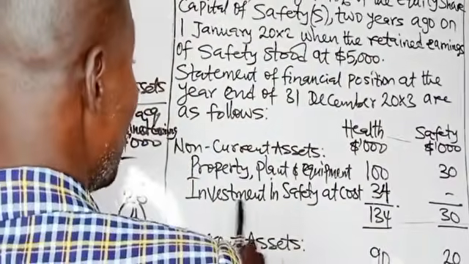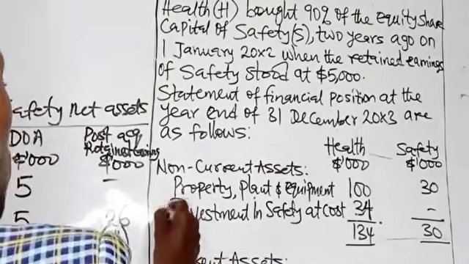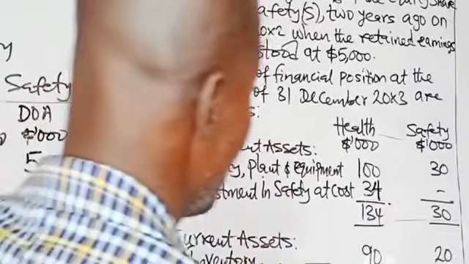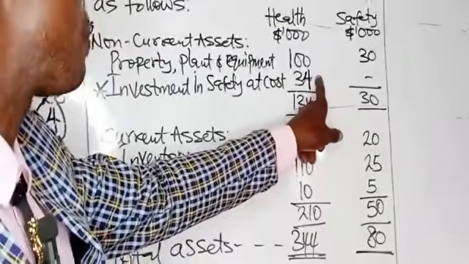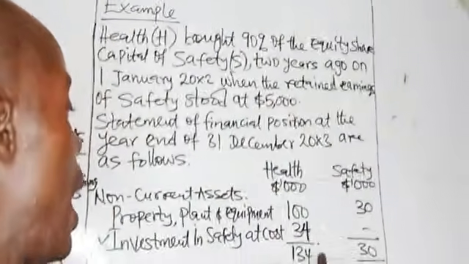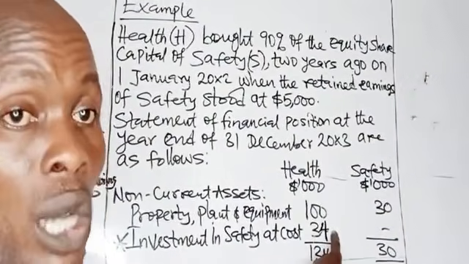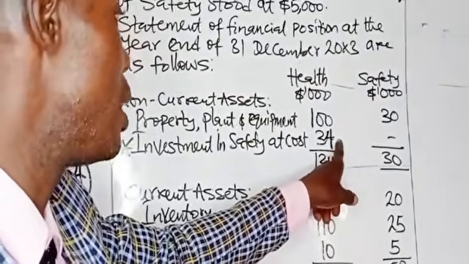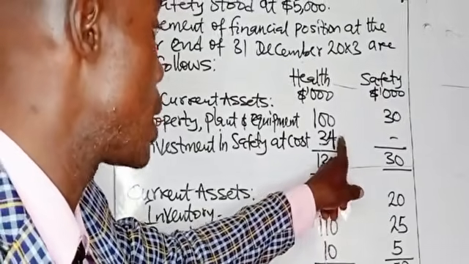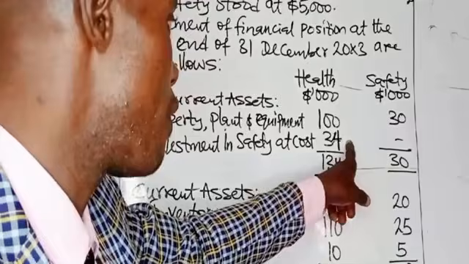So we are going to use investment in safety as our purchase consideration, the one given under non-current asset. So where the amount given in the statement of financial position is greater than the one given in the note, the difference will represent simple investment or other investment, which will appear as a separate line item in the consolidated statement of financial position.